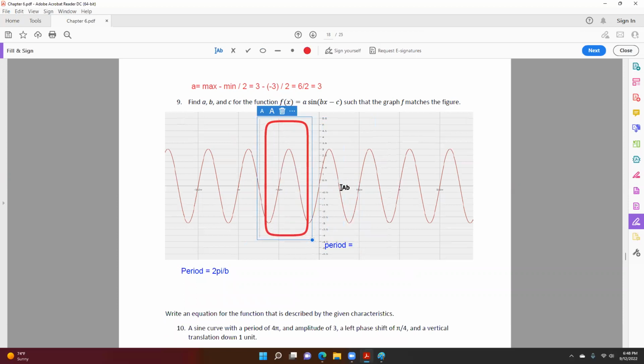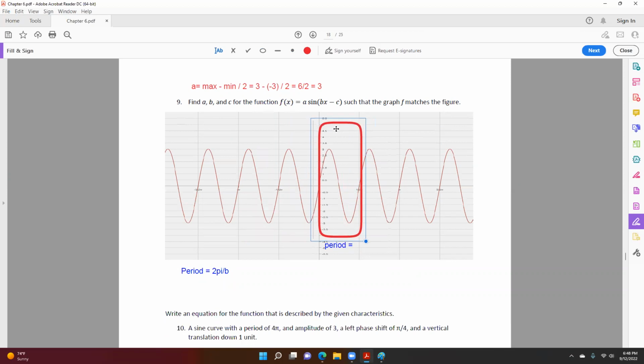One full period of this sine wave is pi over 2. So the period of this graph is pi over 2. That means one full cycle of the sine wave is pi over 2, and pi over 2 plus pi over 2 gives you pi. So every pi over 2 is a new cycle.